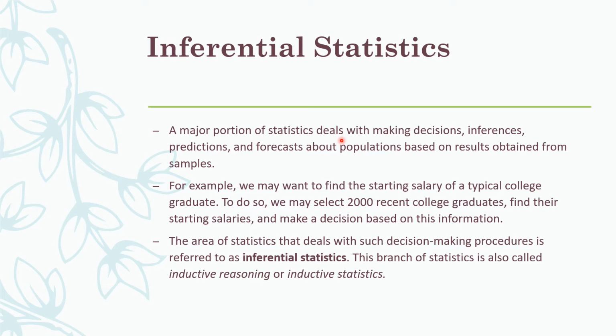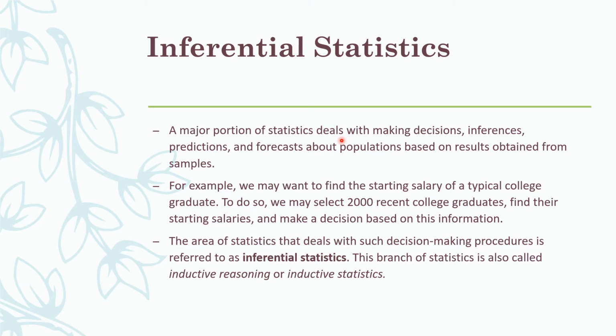We don't have the time to collect data from the entire population or the resources to do so. And so we satisfy ourselves with collecting a sample, and of course there are strict rules for how this sample is to be collected, and the minimum size that is acceptable for us to be able to make such inferences.